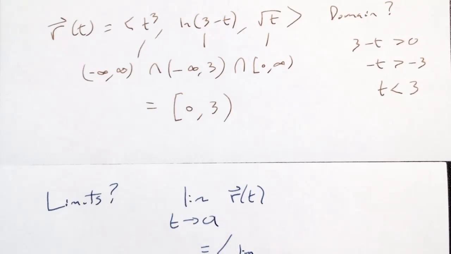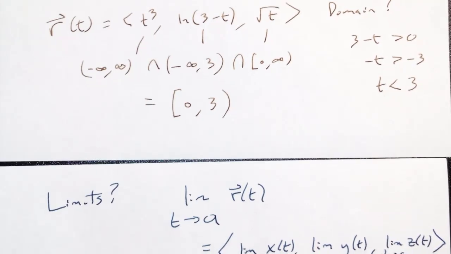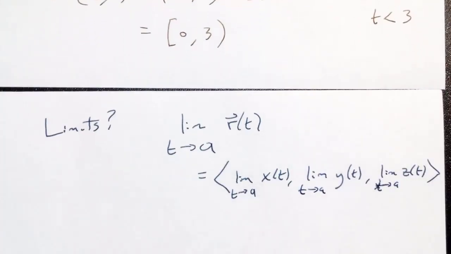Make it a instead of 0. Quite literally, taking the limit of a vector valued function is taking the limit of 3 individual regular functions. So here is where I think, again, I'm going to say this. I am just doing the same we did in Calc 1.